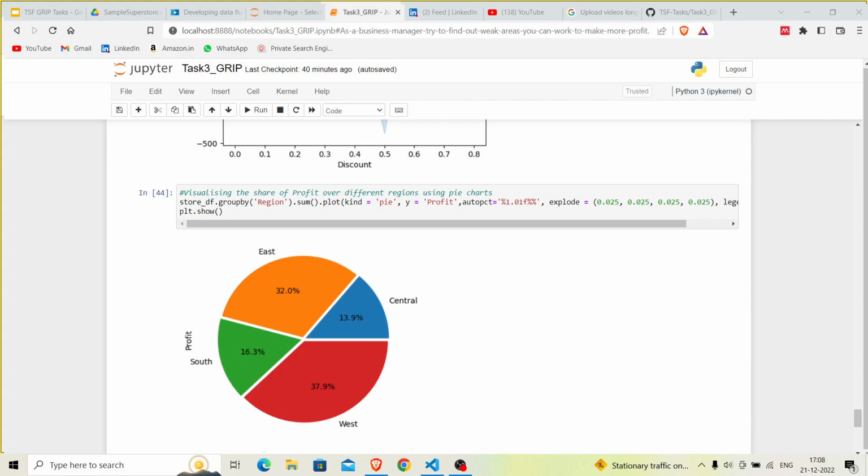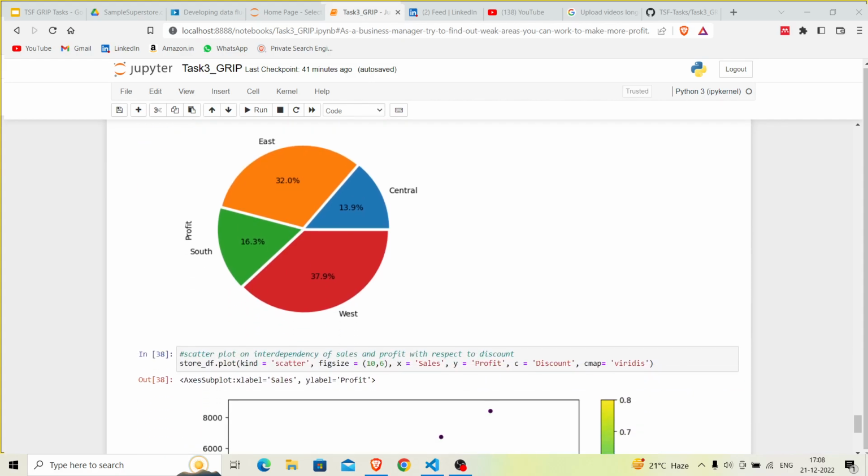So the store must look into the east region and try to sell more items, as the east region is generating more profit with less sales. The store must look into east and west also, because west is also generating good amount of profit.